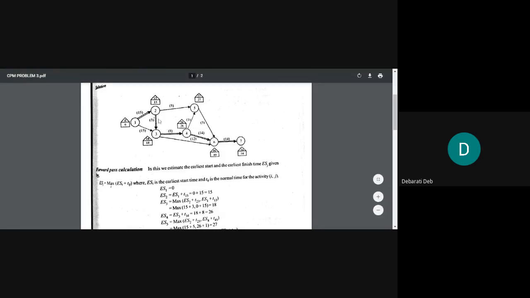So ES1 plus T12. What will it be? ES1 is 0 and T12 is 15. So 0 plus 15 is equal to 15. ES2 is 15. And simultaneously write down this 15 within the house beside 2.